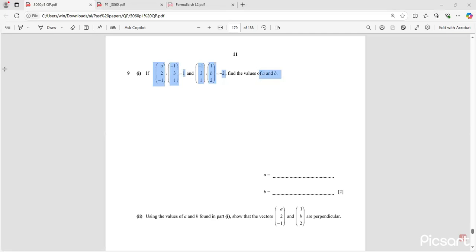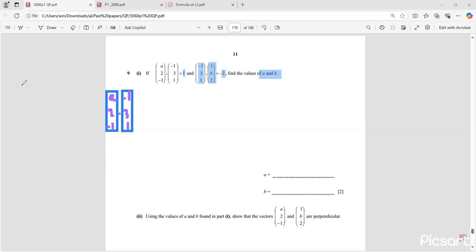Here we have two main parts, the first vector and the second one. The first is a, 2, negative 1 with negative 1, 2 and 3, all the scalar product, negative 1 and 1.